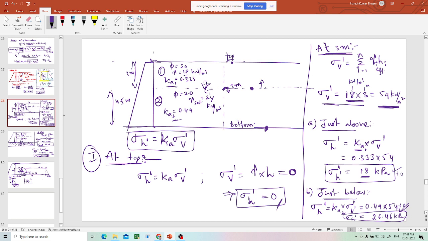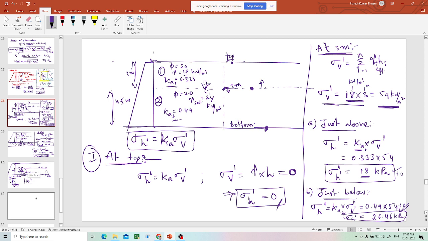If you want to carry the load at one particular depth, you have to carry the water depth as well as the soil weight and water weight, so then total pressure comes into the picture. But when we talk about vertical stresses, remember that it is only vertical effective stresses. When we talk about the horizontal pressure coming on the wall, that is not just due to the soil, it is also due to the water.